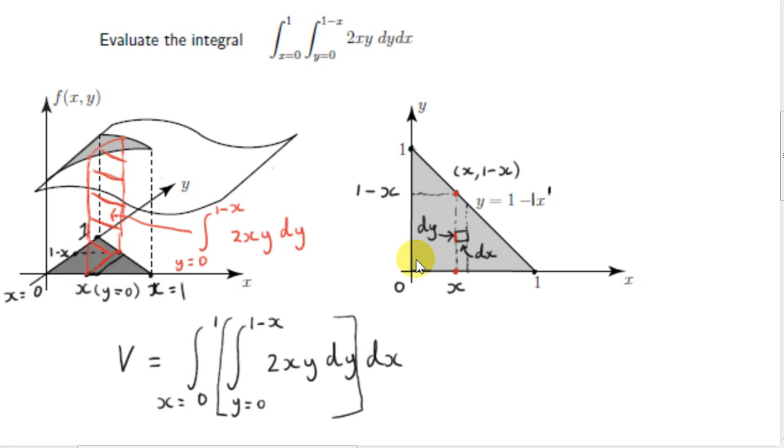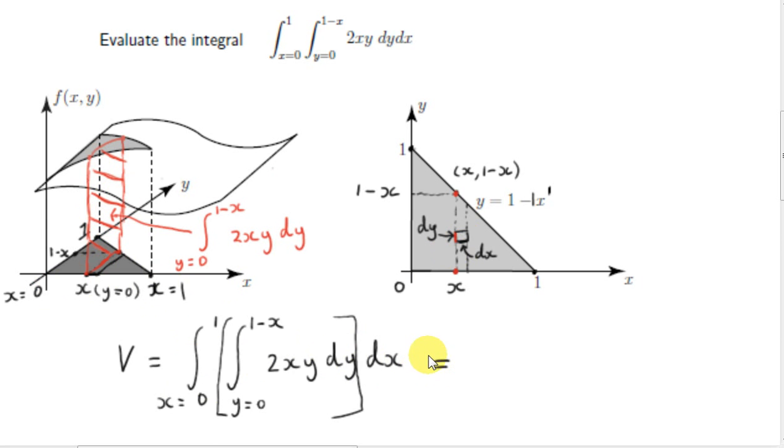Distance from here to here is dx, also shown over here. So we multiply the area of the cross section by dx to get the volume of the slice, as we saw in an earlier video. So there's the area of the cross section here, multiplied by dx to get the volume, and we sum all those slices from x equals 0 to x equals 1.